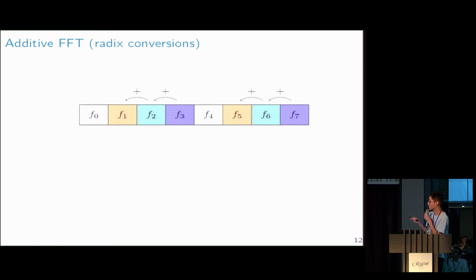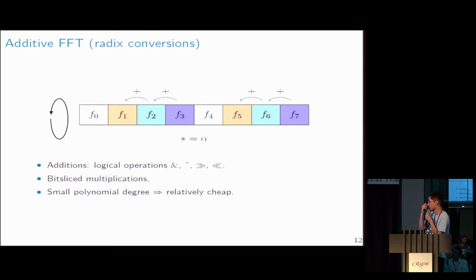So we do this for the second half, and for the first half, and for the second half. And also we need to do some scaling in order to multiply the whole polynomial by some small constant. And we just repeat this all the time. Okay.